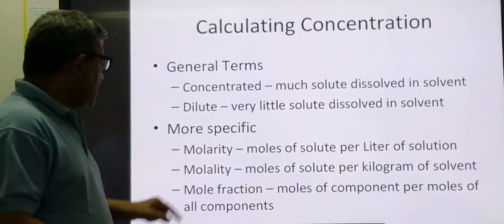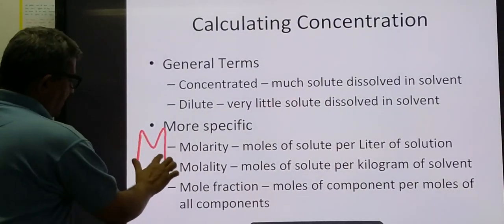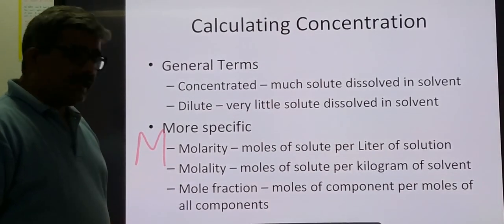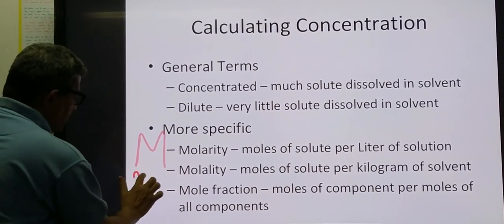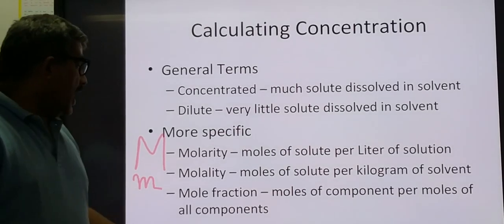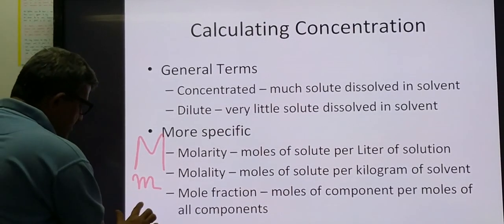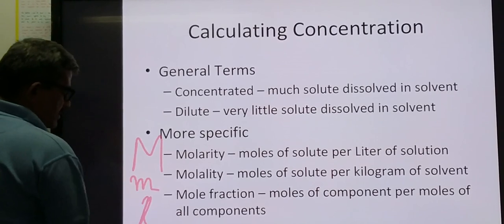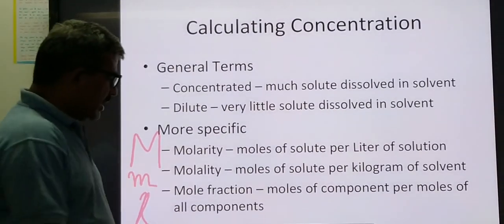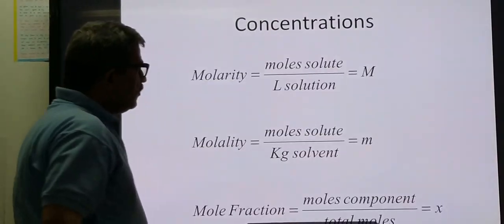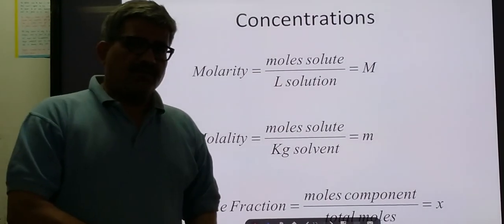Molarity is indicated with capital M. Molality is indicated with small m. And mole fraction is indicated with a letter like this. These things we have discussed in the last class. And we have also given some formula for those things.